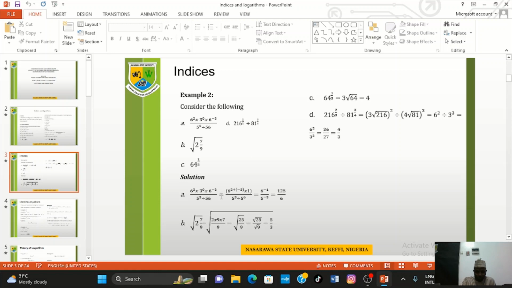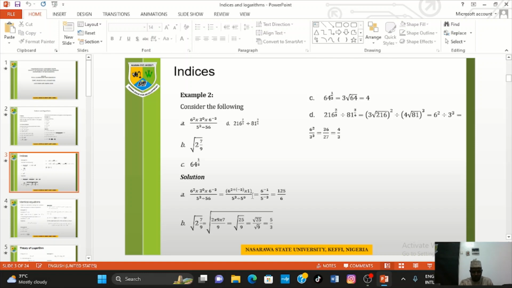So we can now transform that to 6 to the power of 2 plus, open bracket, minus 3, times 1, because the one with the power of 0 is 1. Divided by, you can write this one down, 5 raised to the power of 3 divided by 5 raised to the power of 6.